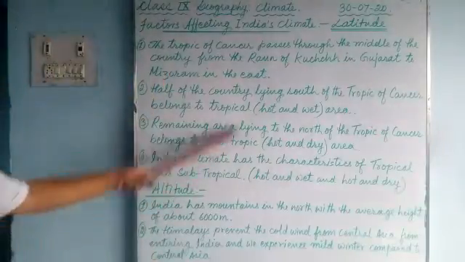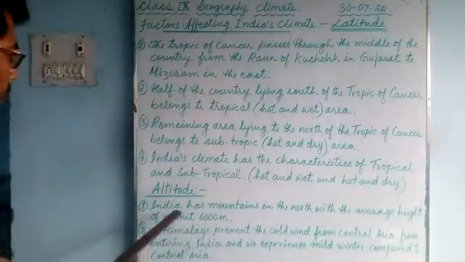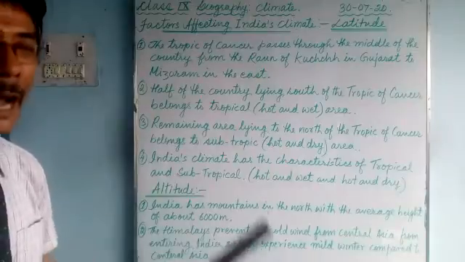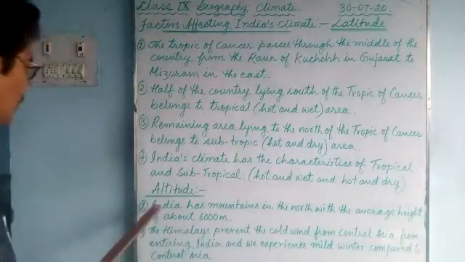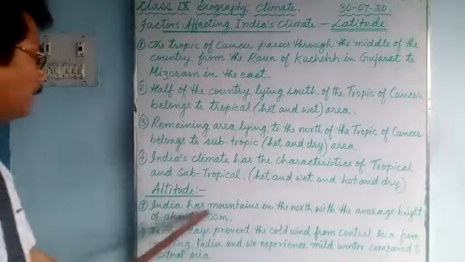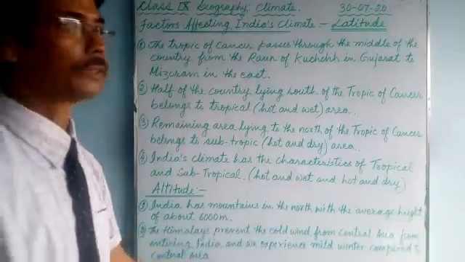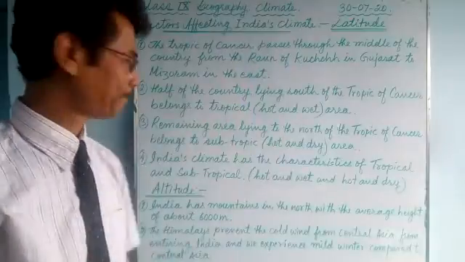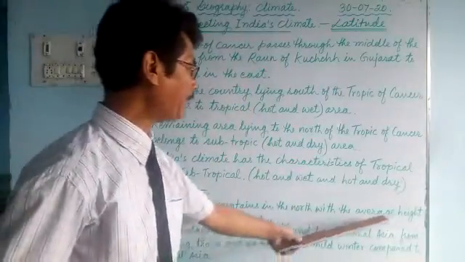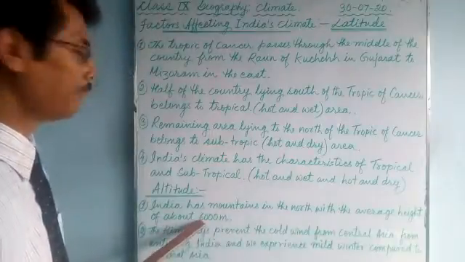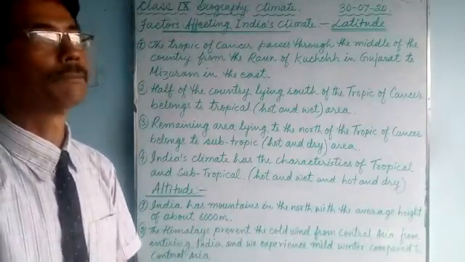So that's all for latitudes. Now we'll talk about altitudes, the height of the land above sea level. We know that India has mountains in the north, a wall-like boundary, with an average height of 6,000 meters above sea level.